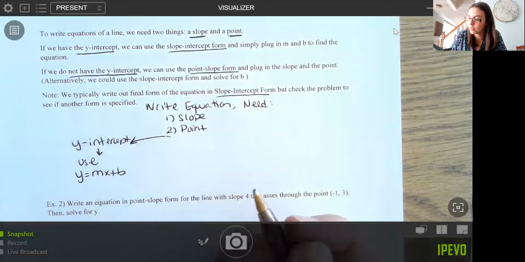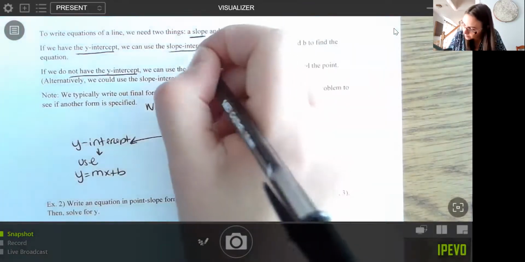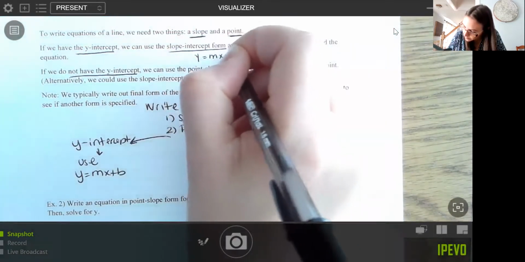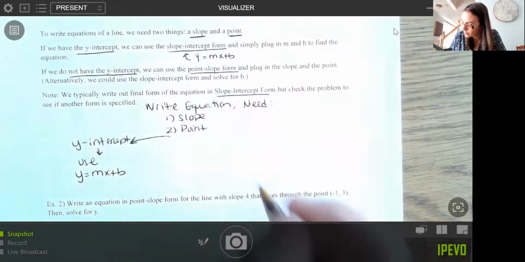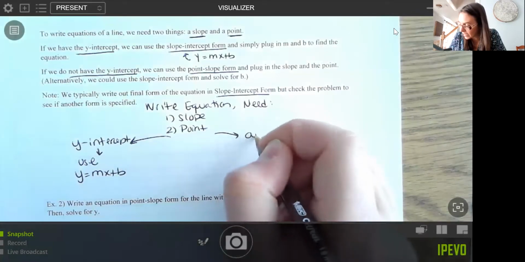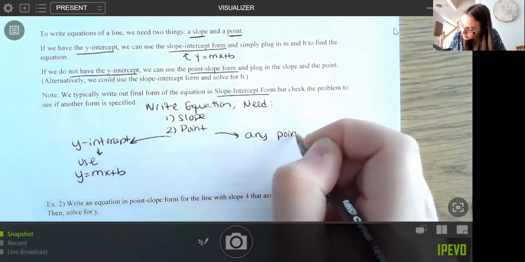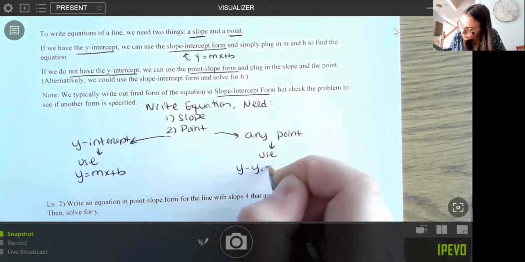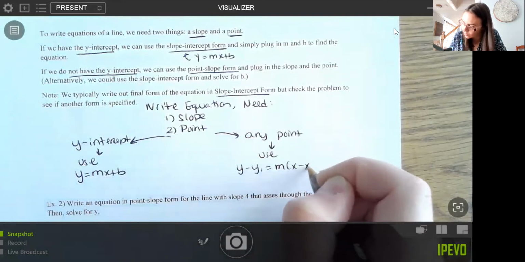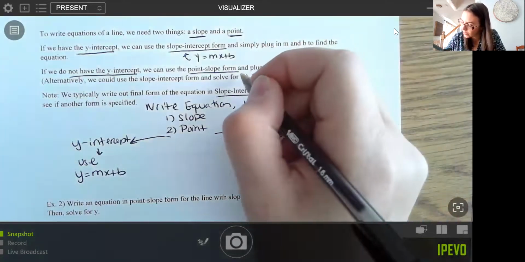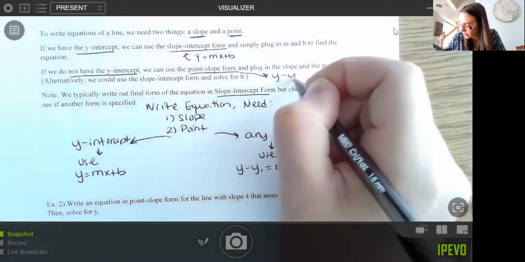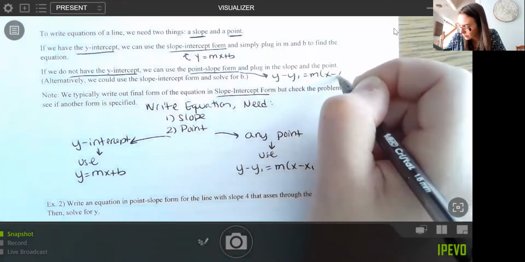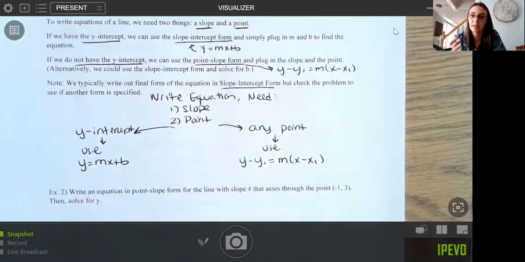That's your slope-intercept form that I mentioned here. If you have any point, then I recommend you use the y minus y1 equals m times x minus x1 form. So that is your point-slope form. And then we can simplify as needed to write our final answer.